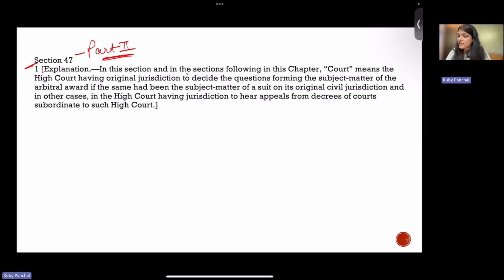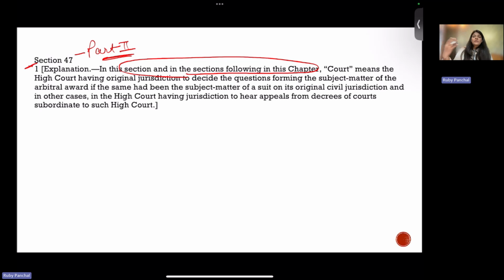In this section and sections following in this chapter, the court means the High Court having original jurisdiction to decide questions forming the subject matter of the arbitral award, if the same had been the subject matter of a suit on its original civil jurisdiction, and in other cases, the High Court having jurisdiction to hear appeals from decrees of courts subordinate to such High Court.